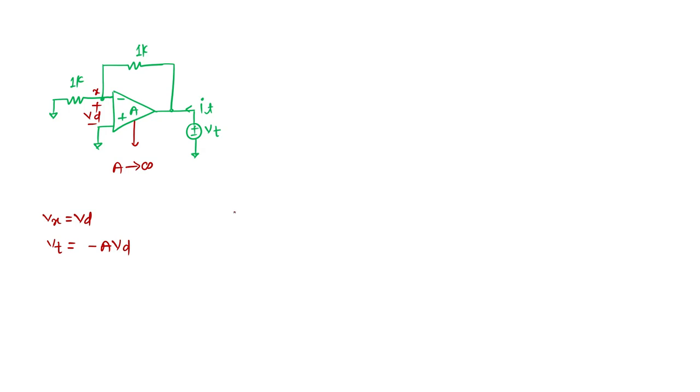What is the other thing? What is IT? IT is simply... one resistance is there inside. I'm considering a finite resistor. And it will be VT minus the voltage that is inside it.